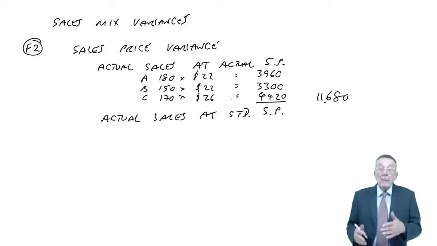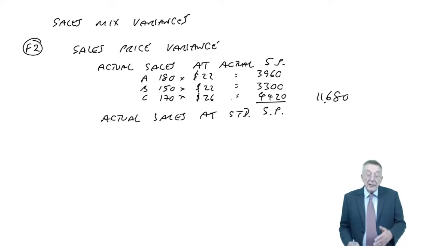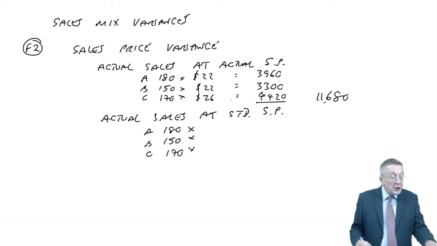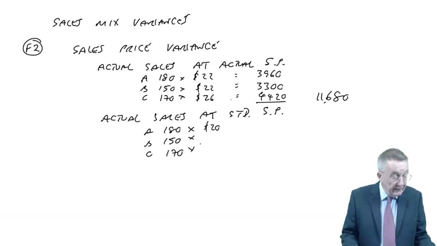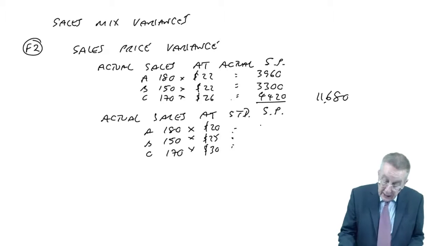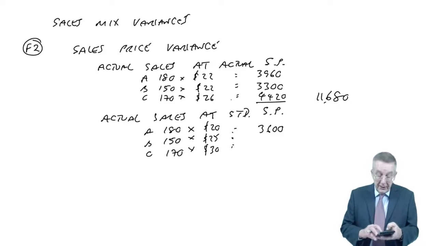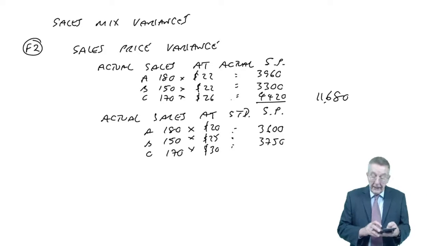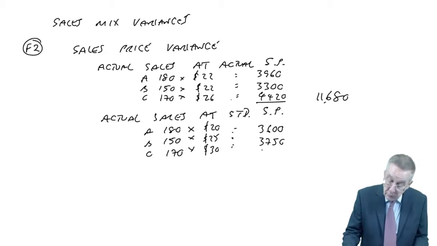That's not the actual revenue. What should the revenue have been for the actual sales? Well, again, we actually sold 180, 150, 170. The selling prices should have been 20, 25 and 30. And so the revenue, what should we have got? 3,600. Why can't I do that one in my head? 150 at 25, 3,750, and 170 at 30, 5,100.